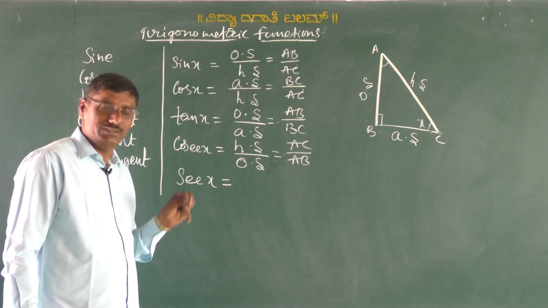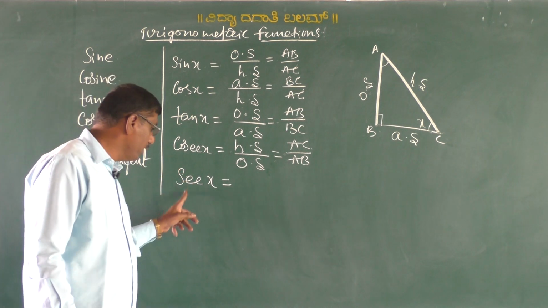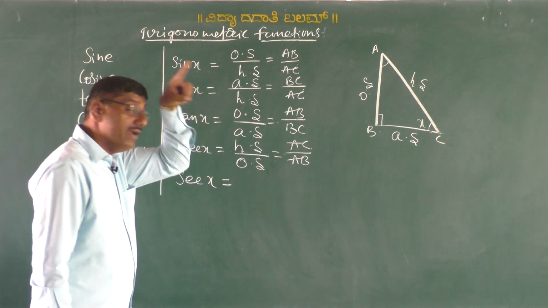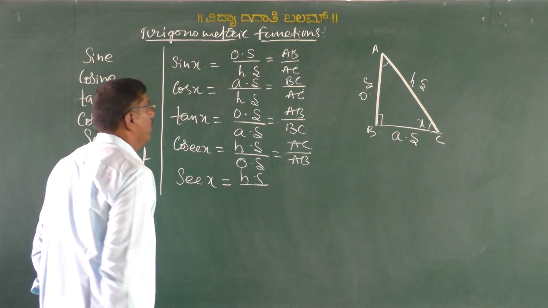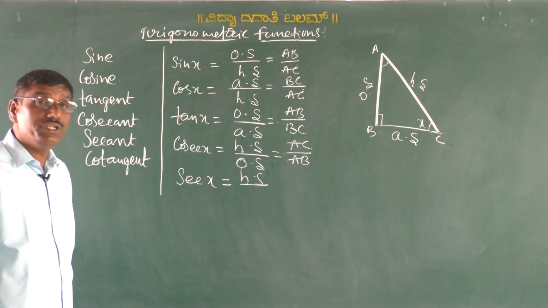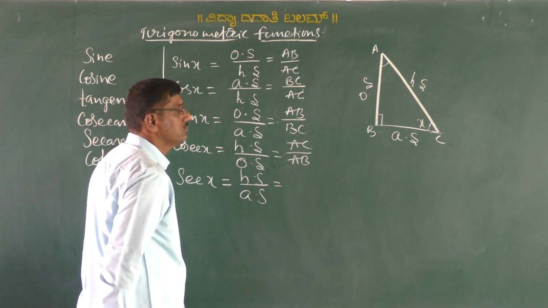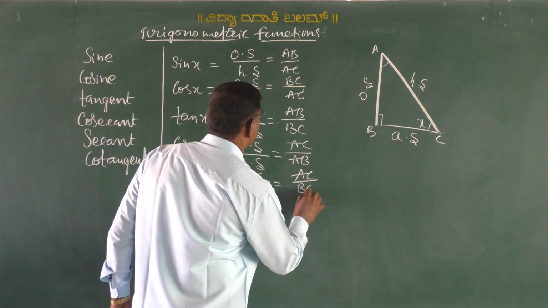Some students read this as sec, not like that. We have to read secant x, no doubt. This can be defined as hypotenuse side divided by adjacent side, that is AC divided by BC.